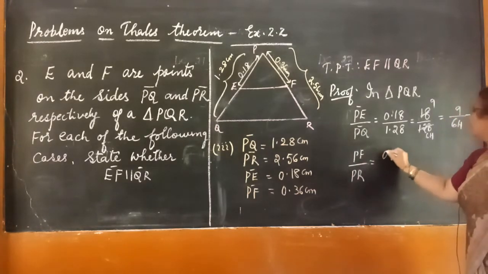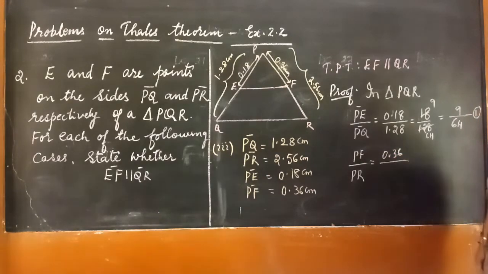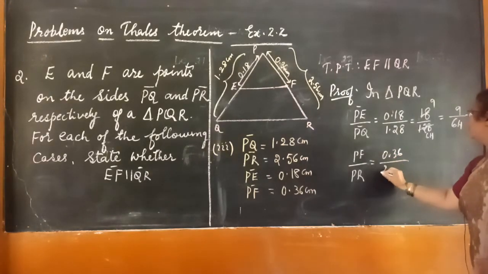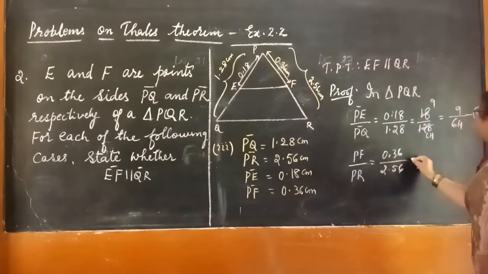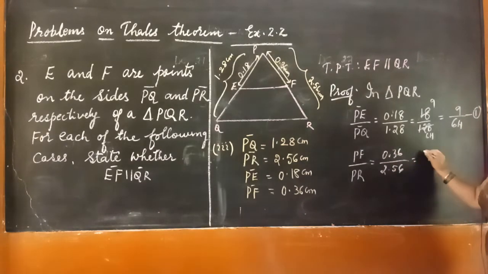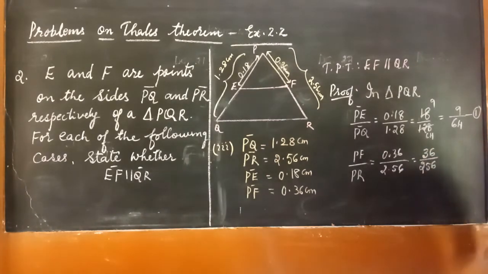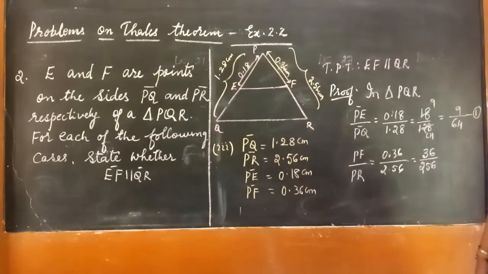PF length is 0.36 and PR length is 2.56. Again, there are an equal number of digits after the decimal point, so I can ignore it and write it as 36 by 256. Both are even numbers, we can divide by 2.